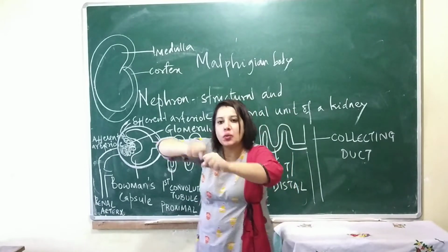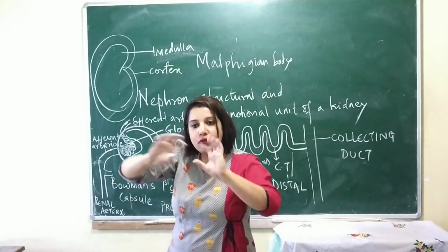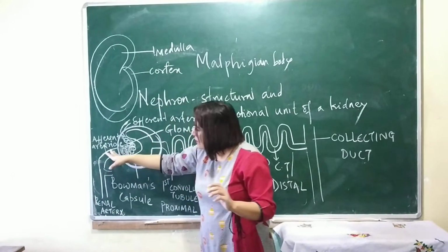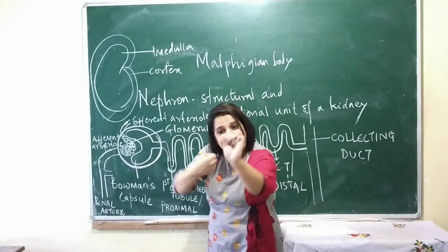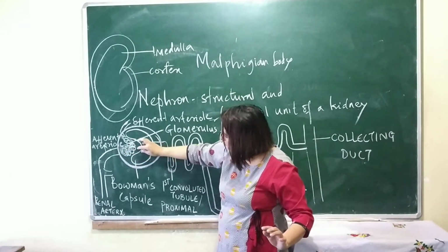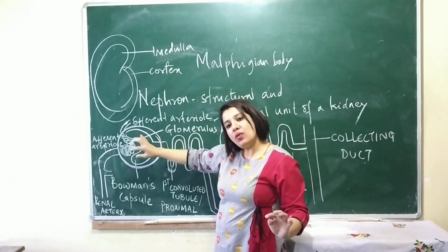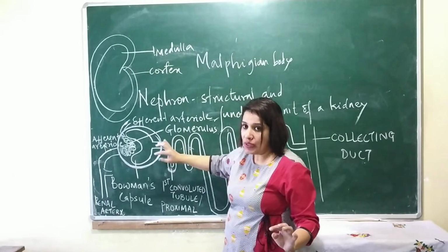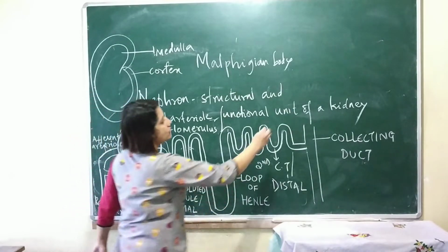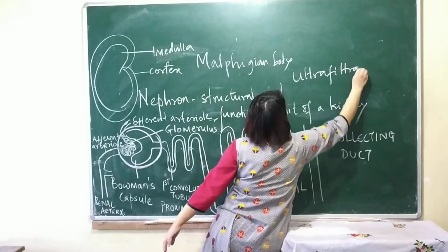If you squeeze anything, what happens? If you squeeze a wet cloth, all the water comes out. Similarly, since blood is flowing under great pressure here, all the waste products enter the Bowman's capsule. Once it enters the Bowman's capsule under filtration, the process is known as ultrafiltration.